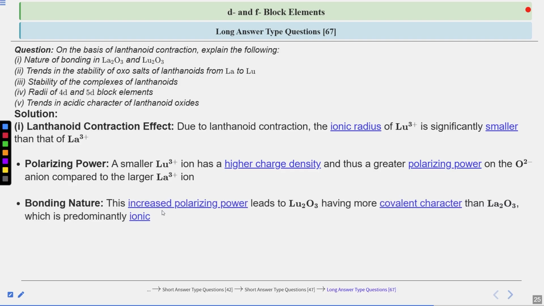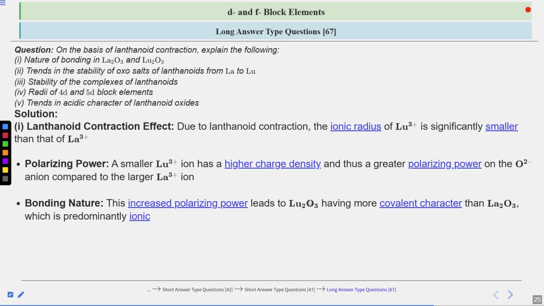Bonding nature: increased polarizing power leads to lutetium oxide having more covalent character than lanthanum oxide. If you compare, the polarizing power is more over the oxide anion of lutetium because it is smaller and has higher charge density.